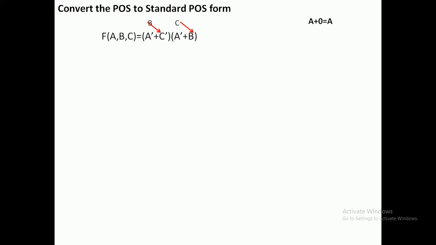After that, we already know one rule, A plus 0 becomes A. Similarly, in the same way we need to take a procedure like add 0 to the given term already available. A dash plus C dash is already there, and you add 0 to it.